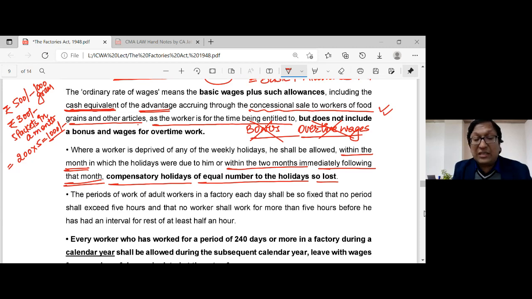So if he has lost some of his holidays due to that, then he must be compensated. The law says that compensatory holidays of equal number of days lost must be given to the worker either within the same month or maximum within 2 months after the month. Okay, this thing we need to understand.